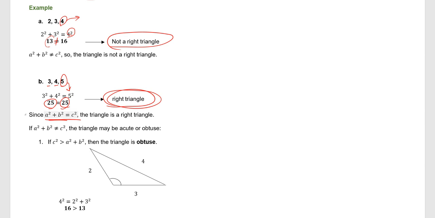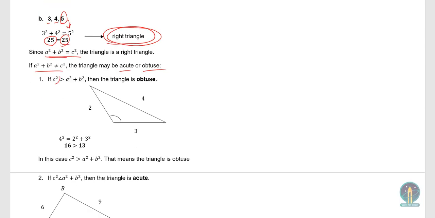Now, in case of this condition, right, when the equation does not hold, the triangle may be acute or obtuse, just like we were saying. Now, if the c squared, if the larger side squared is greater than the sum of squares of the other two sides, then the triangle is obtuse.